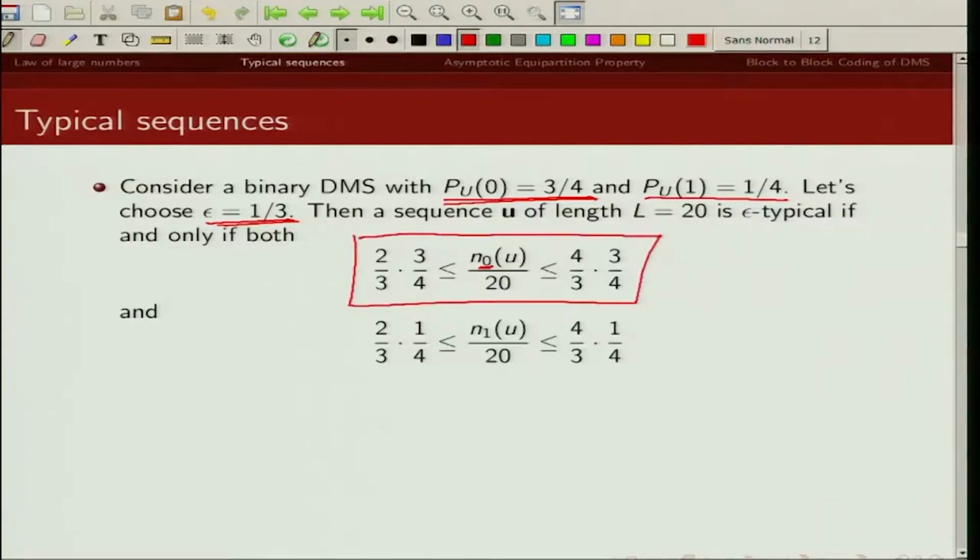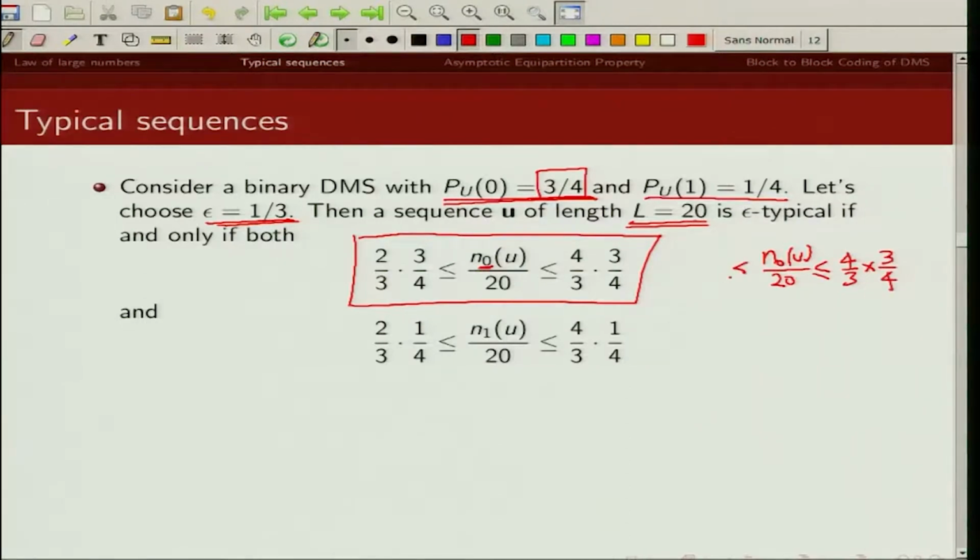So the number of occurrences of 0, which I am denoting by N0(U), divided by length L, which is 20 here, should be less than or equal to 1 plus epsilon, that is 1 plus 1 by 3, that is 4 by 3, times the probability of occurrence of 0. What is the probability of occurrence of 0? That is given by 3 by 4. So this is this.